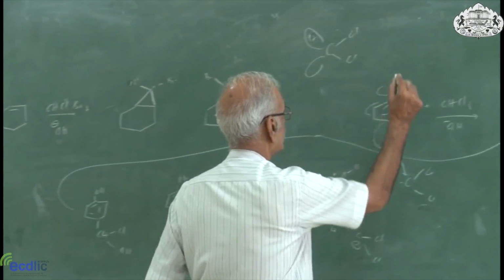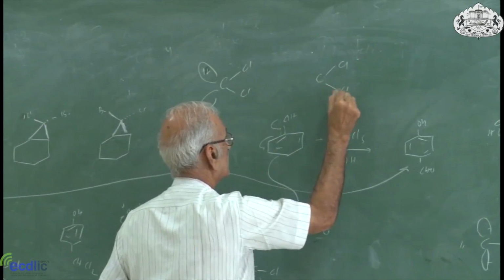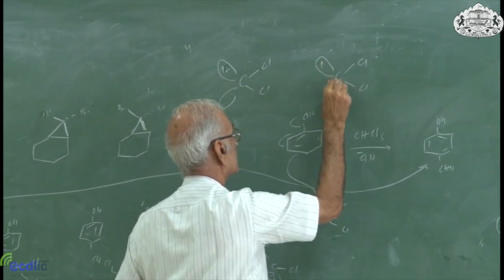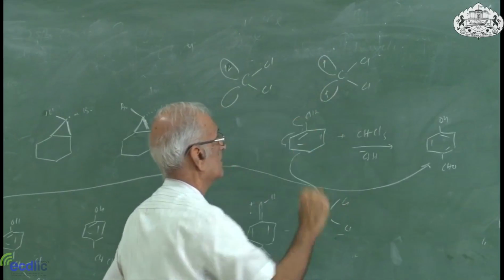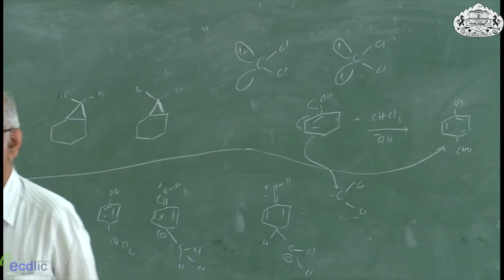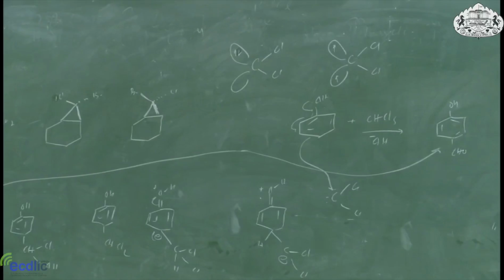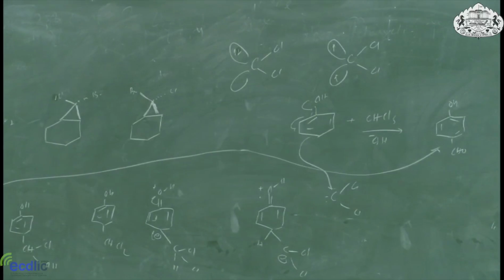Alternatively, one electron can be in each orbital. Why did I write both of them with the same spin? When I wrote them in same orbital, I wrote them with opposite spin. When I wrote them in different orbitals, I wrote them with the same spin. This is obviously your triplet carbene.